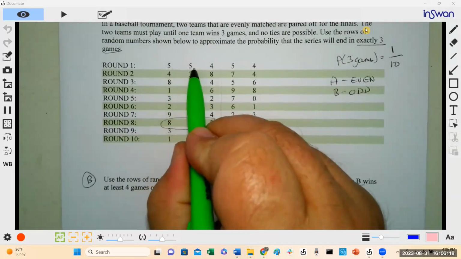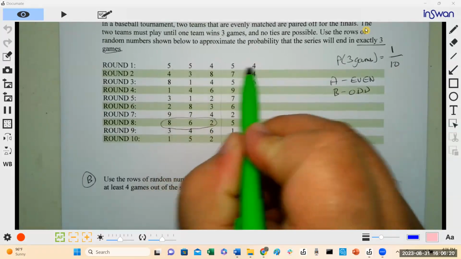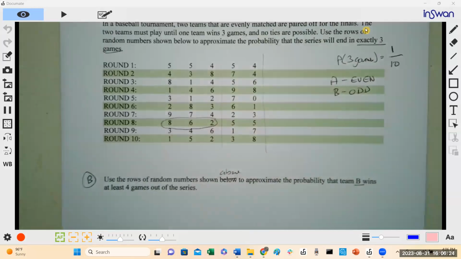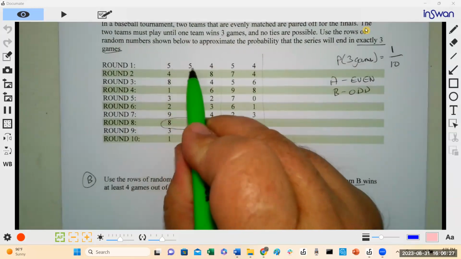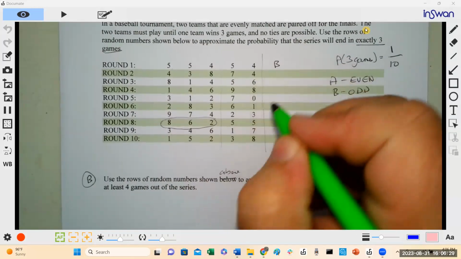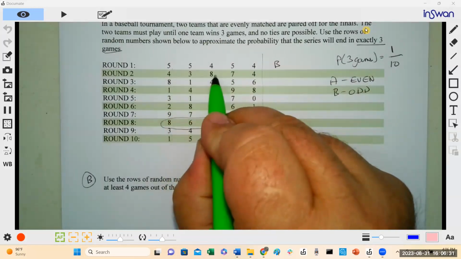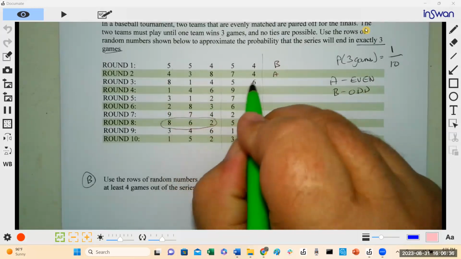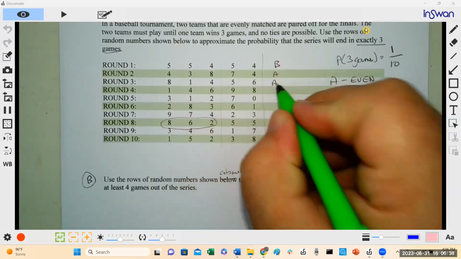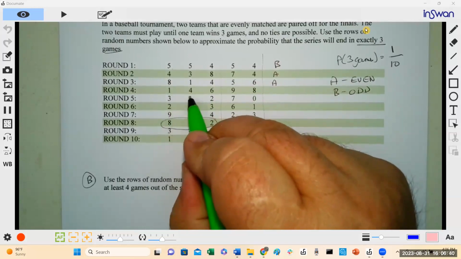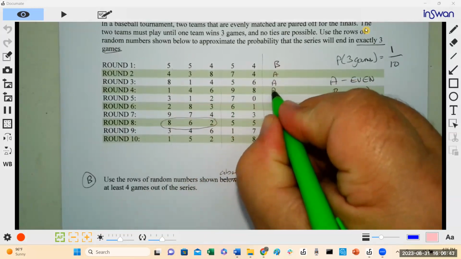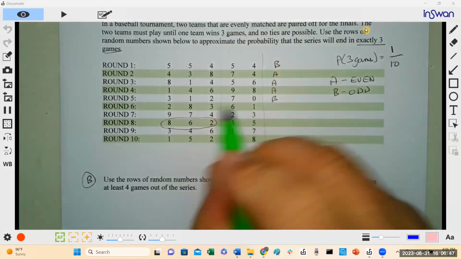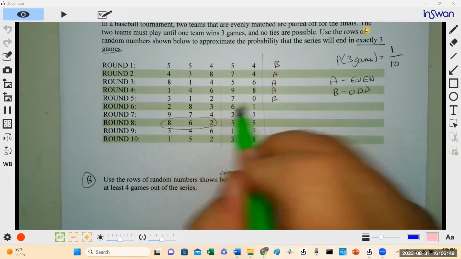So odd, odd. So 1, 2, 3, 4, 5 of them. Whoever wins 3 games first wins that round. Odd, odd, odd. So it's B. Even, even. It's A. Even, even. That's A. Even. That's A. Odd, odd, odd. Even.